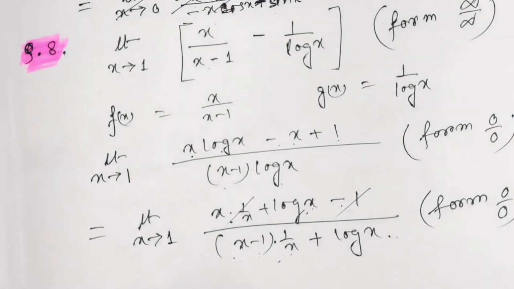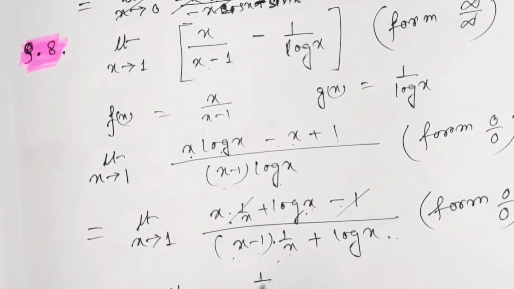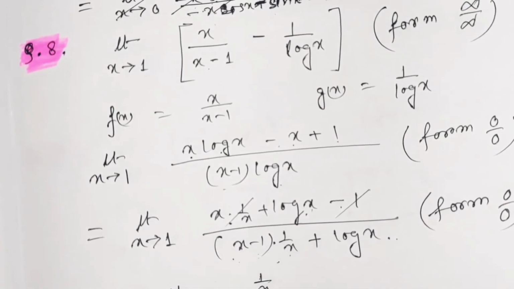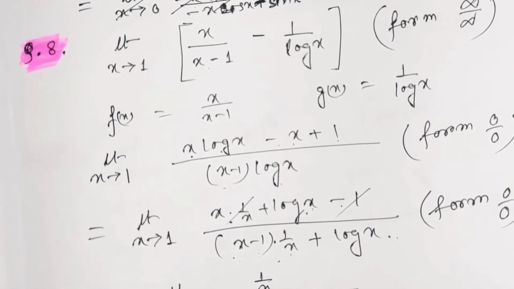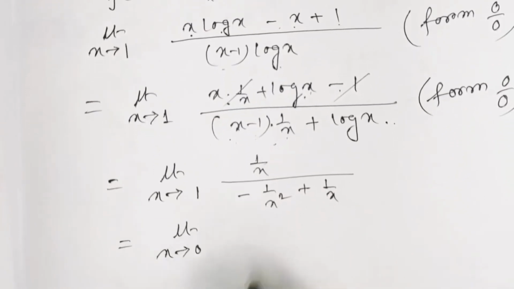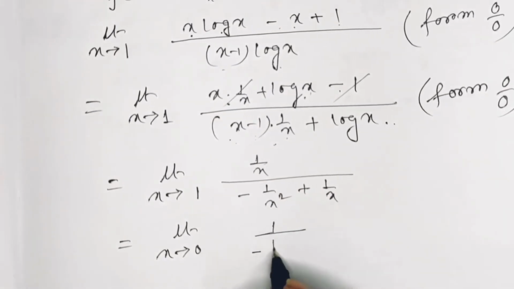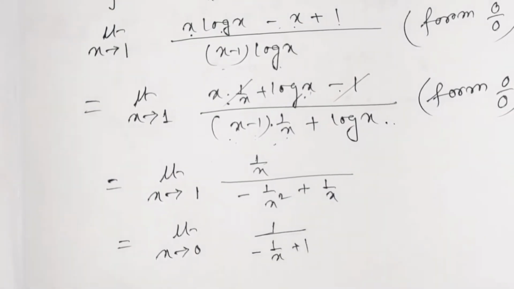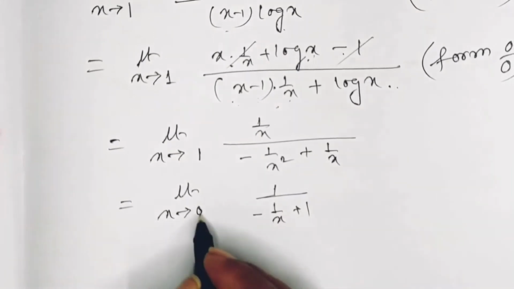So if we simplify, then we shall find here it is 1 upon x and here it is 1. So it is minus 1 upon x square, then plus 1 by x. So from here we simplify and we do one thing. Here we take 1 upon x common, and if we cancel it out, then it is minus 1 by x plus 1. Now it is not in the form of 0 by 0, and if we substitute x equals 1, sorry, here it is 1.